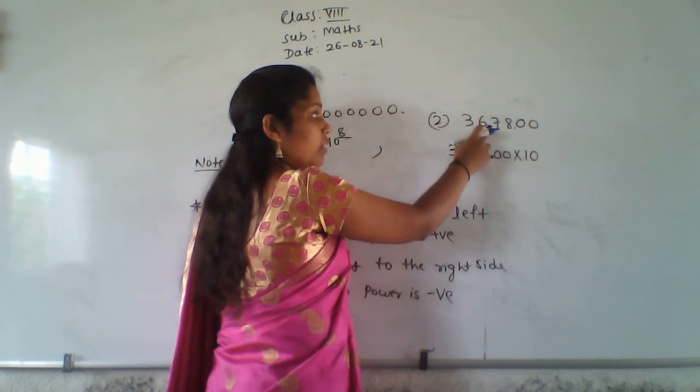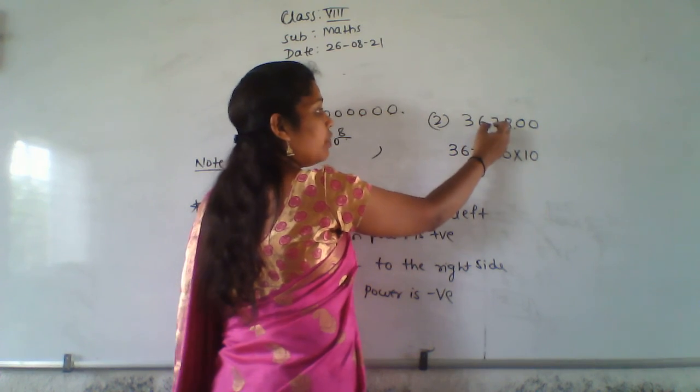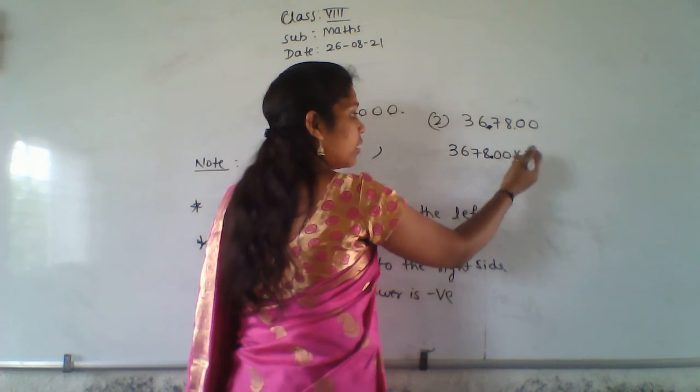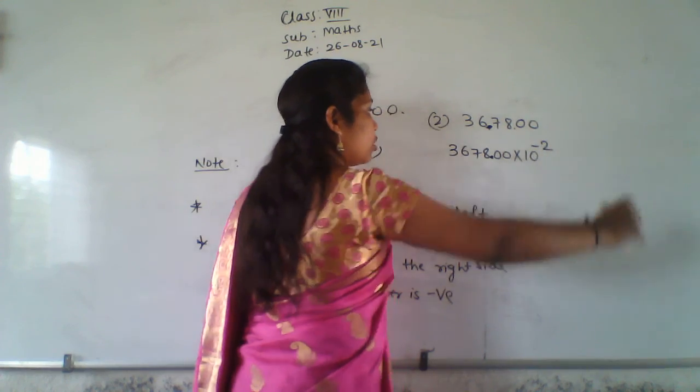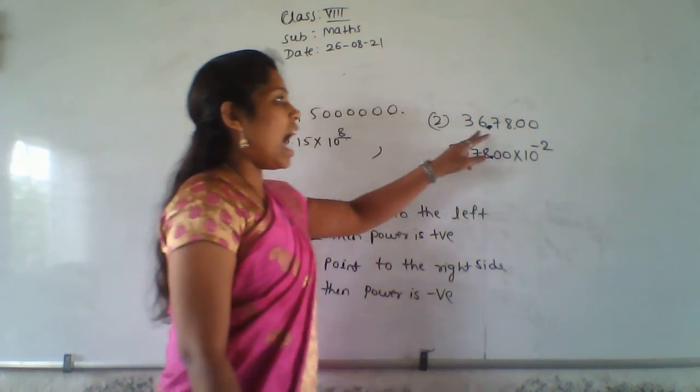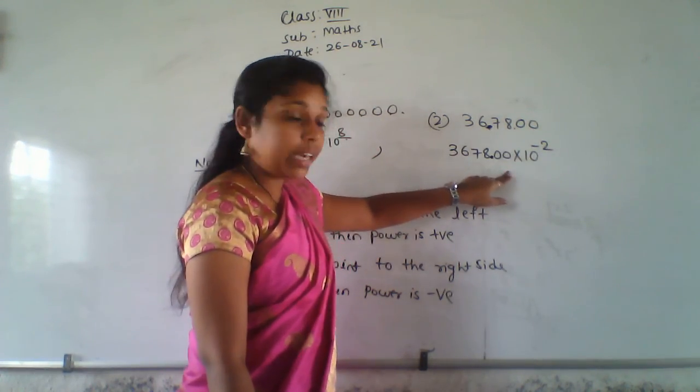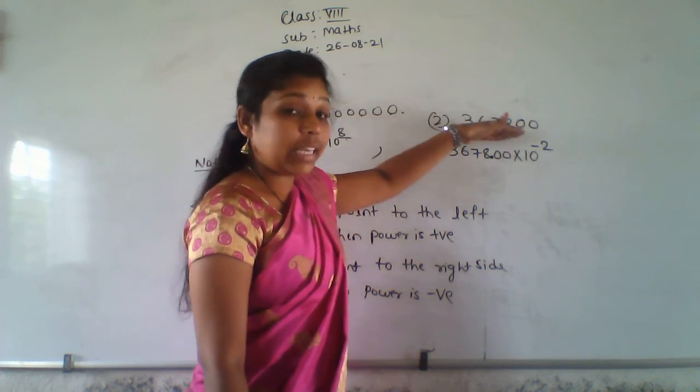Here 36 point is there, we are shifting this point to the right side, then 10 to the power minus 2. We shifted the point after two numbers, and it is shifted to the right side.